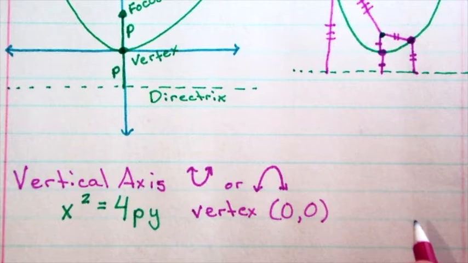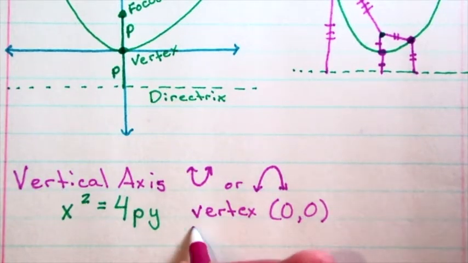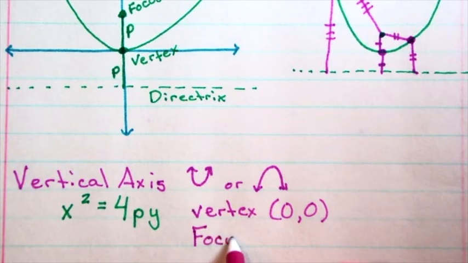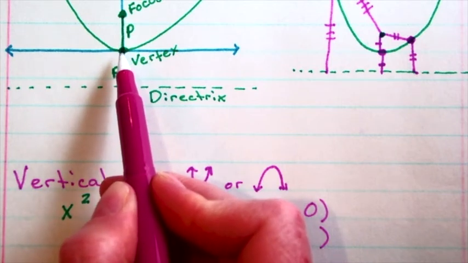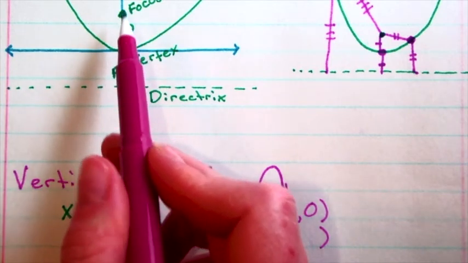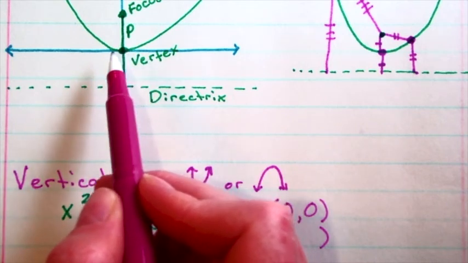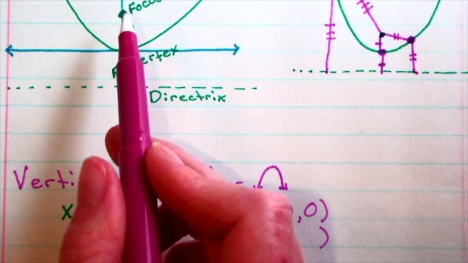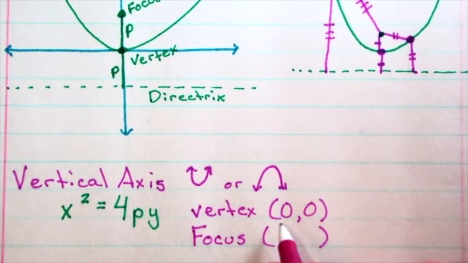The focus in this case, if the vertex is at the origin, it's going to have an ordered pair. Remember, if we're at the origin, the focus is directly above. So the x-coordinate is still going to be 0, and the y-coordinate is going to be p, whatever that p-value is. So 0, p.